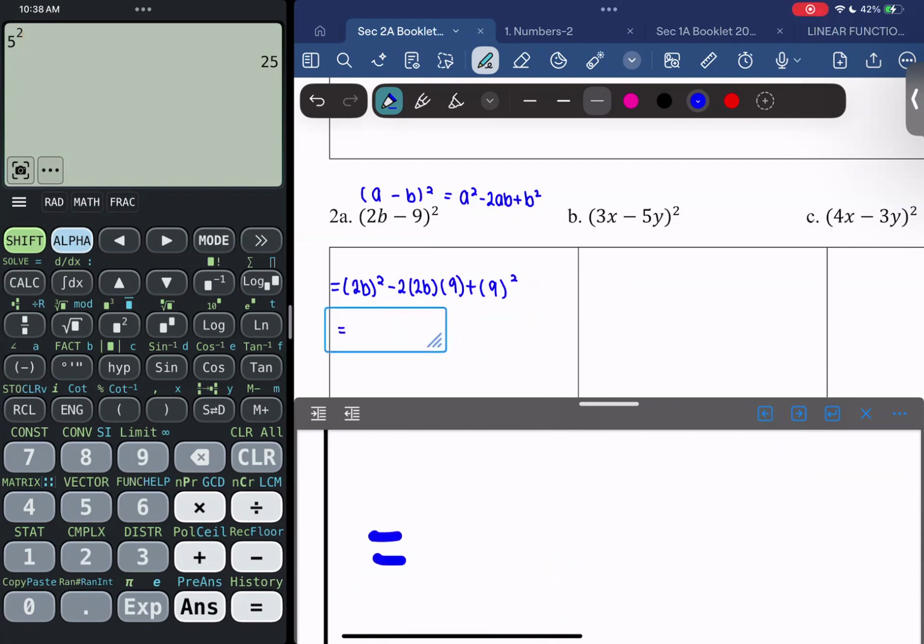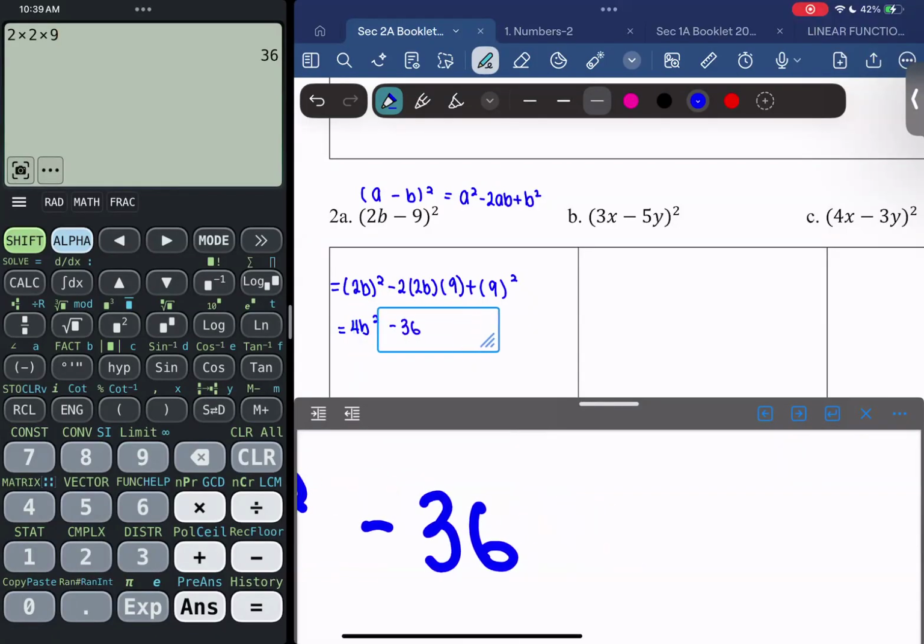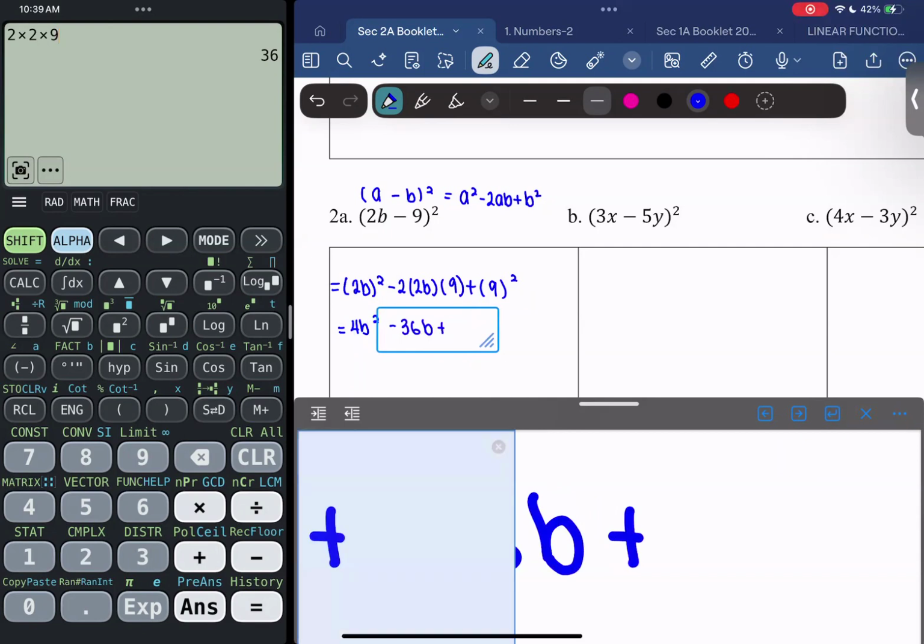Remember, the first and the last are squares. Only the middle is a multiply, so we just key into the calculator. 2 squared is 4b squared. So 2 times 2 times 9, see? Very simple. 2 times 2 times 9 on my calculator, you see 36. 36b plus 9 squared, 81.